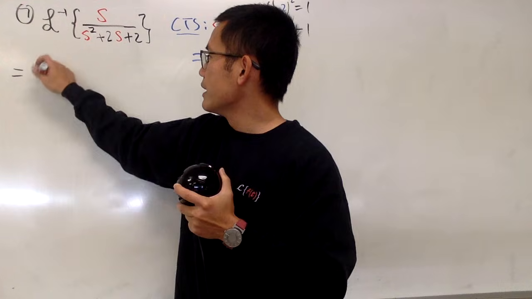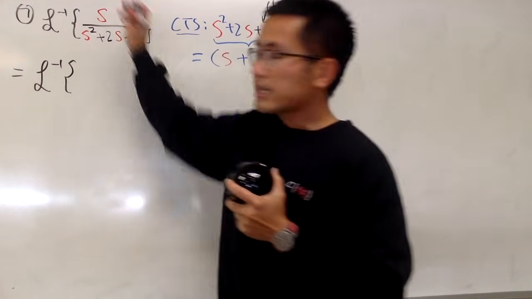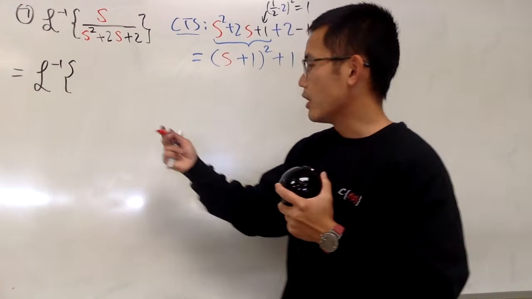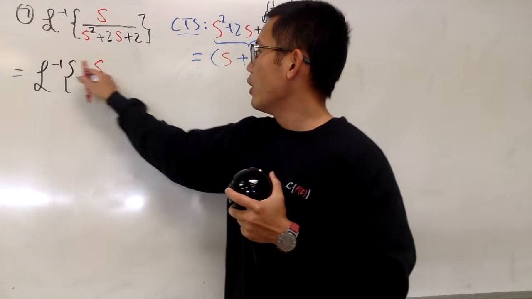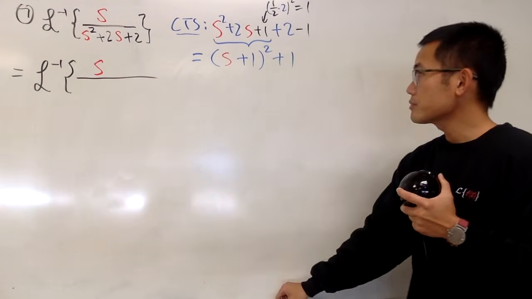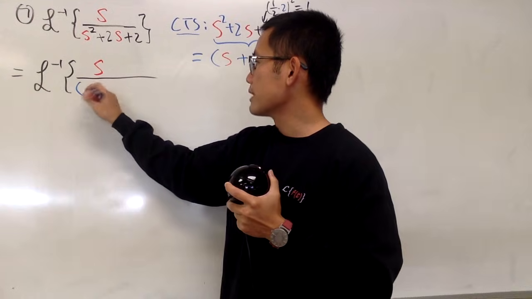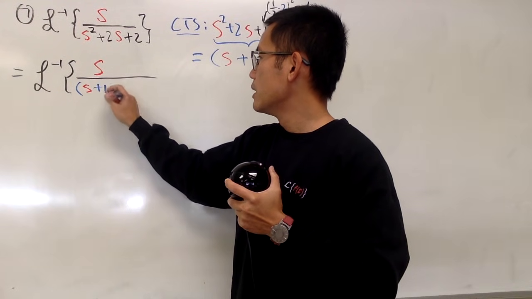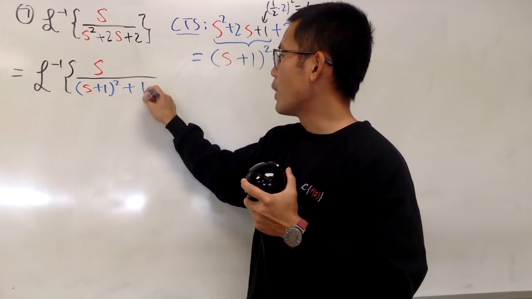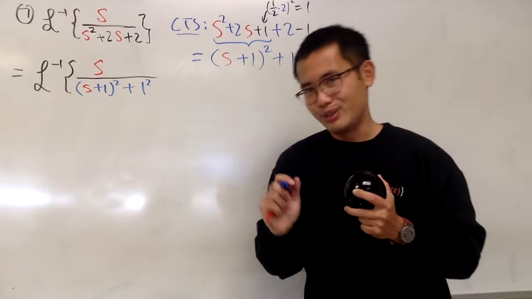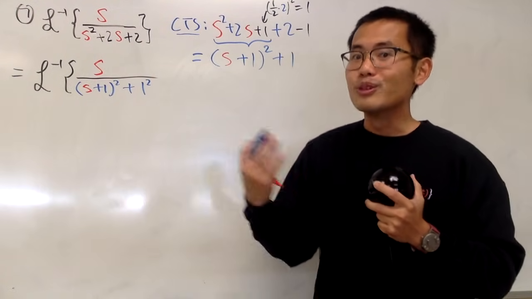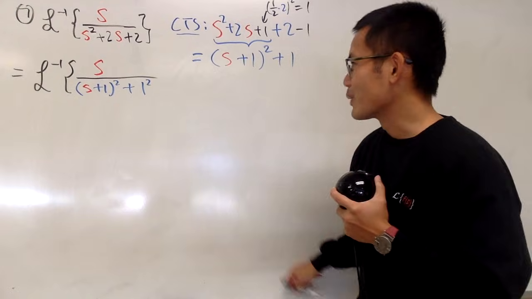Here we have the inverse Laplace. On the top, we still have the s. So go ahead and write that down. Over on the bottom, we have s plus 1 squared, and then plus 1, which is the same as 1 squared, because you know sine and cosine are about to come out. So this is what we have.